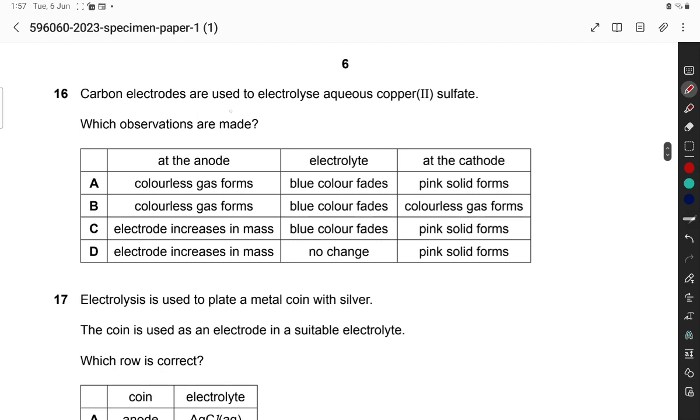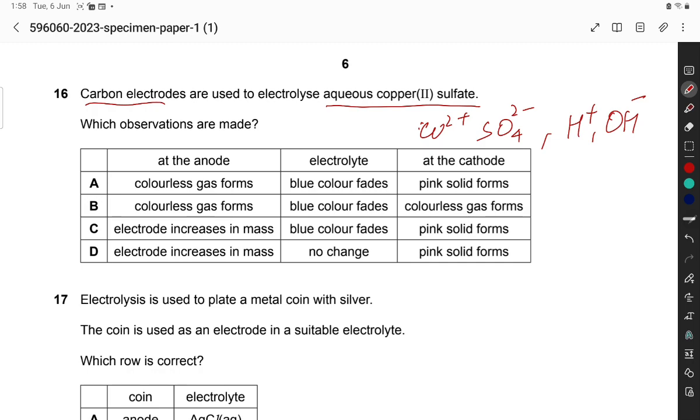Carbon electrodes are used to electrolyze aqueous copper 2 sulfate. Which observations are made? Inert electrodes, copper 2 sulfate. The ions present are copper, sulfate ions, H positive, OH negative. Copper is less reactive than hydrogen ion, so copper is discharged at the cathode.